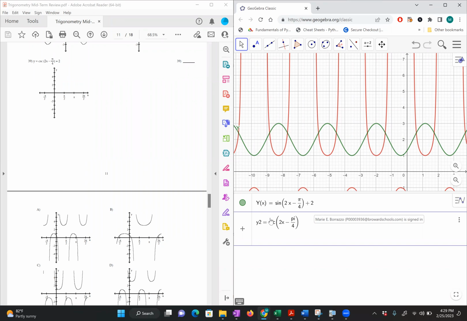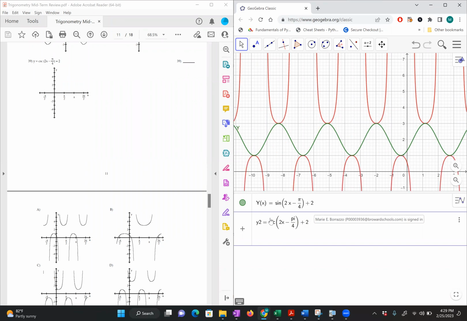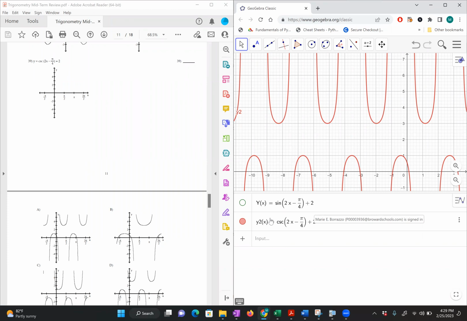And then I have to put in the plus 2. There you go. See, that's what they're trying to graph there. They don't want you to see the sine. They're giving you this, but I want you to understand that behind it, there is a sine here.